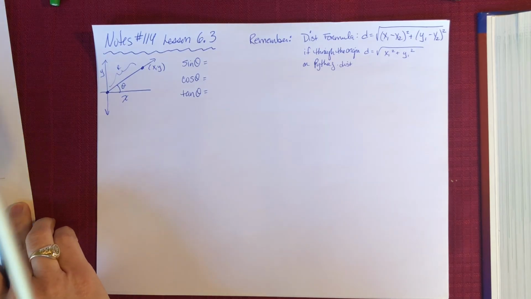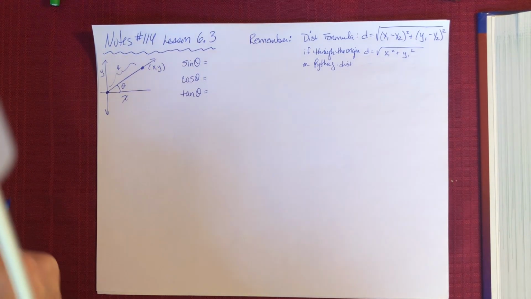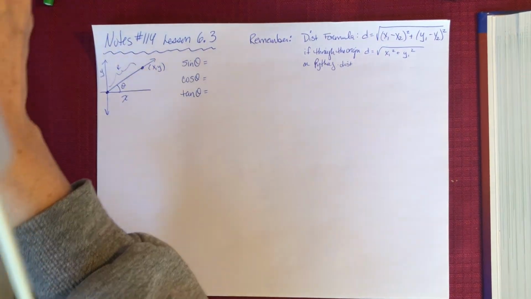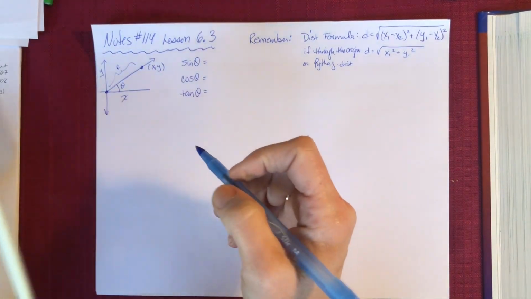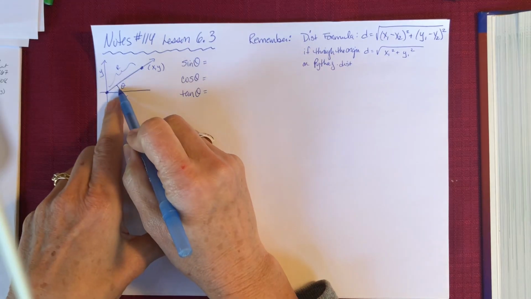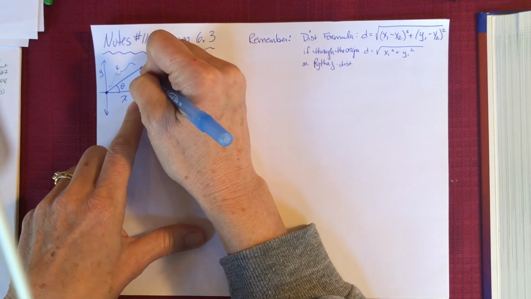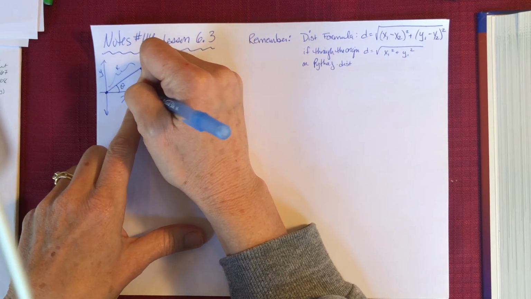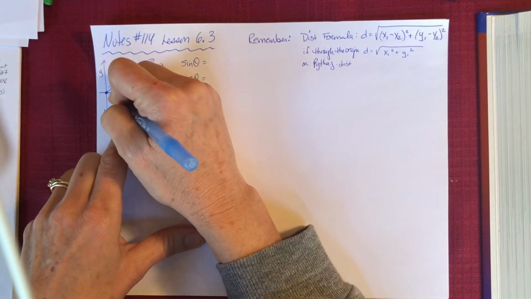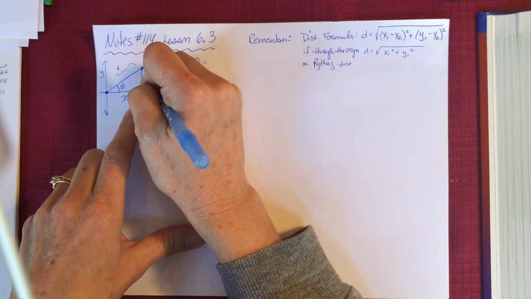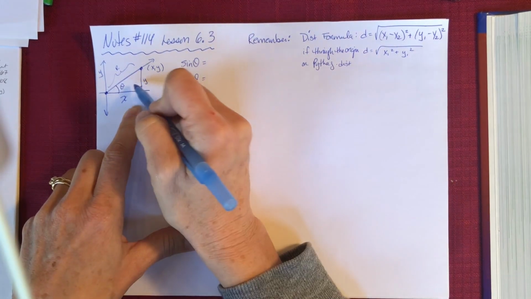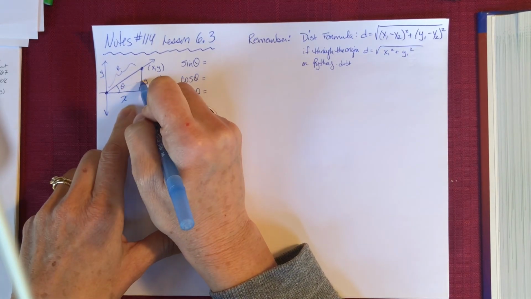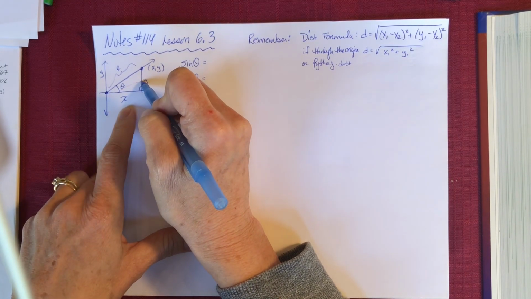So let's drop a side and make it a right triangle. This is our x value, and this is our y value right here. So sine is opposite, so that would be y over our hypotenuse.